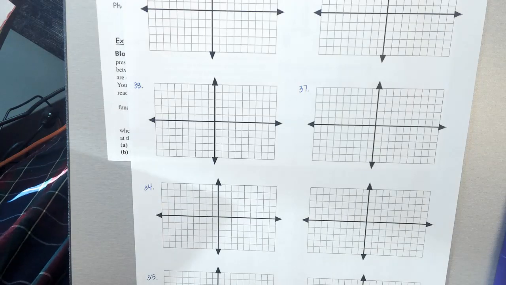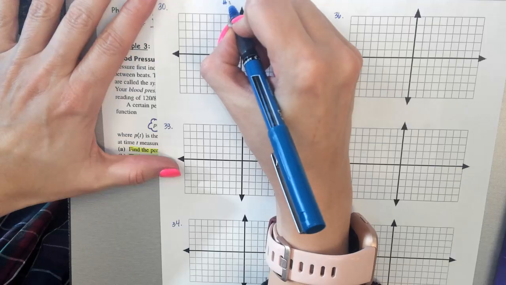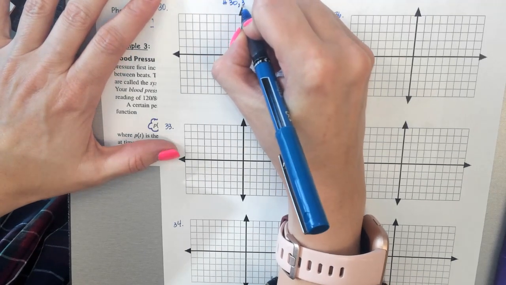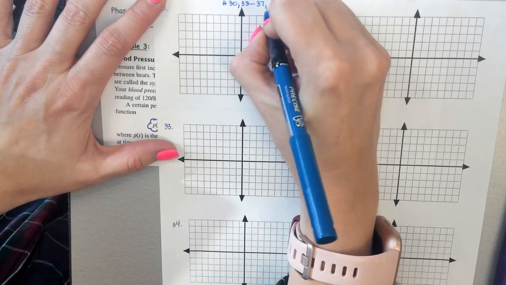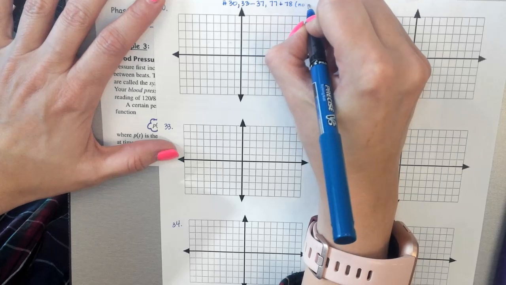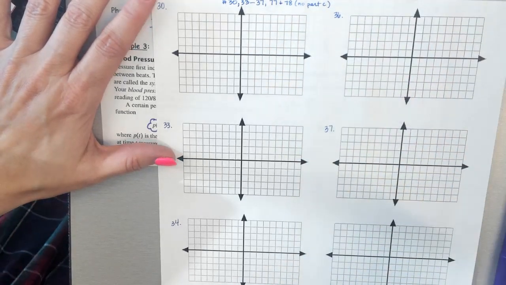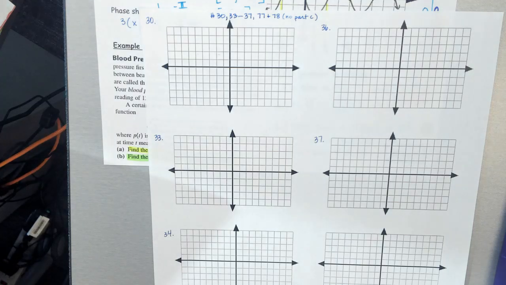Your homework problems are 30, 33 through 37, 77 and 78. There's no part C. And I'm going to give you this sheet, and then I'm also going to put up the book for you.